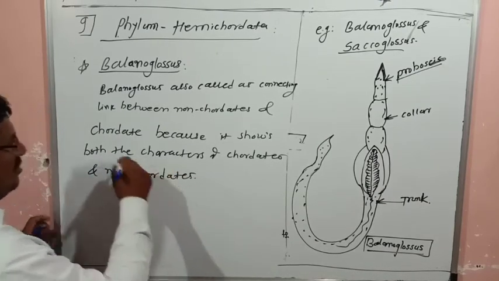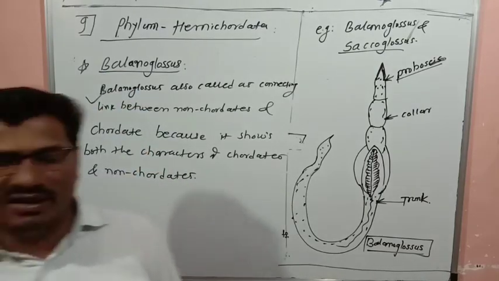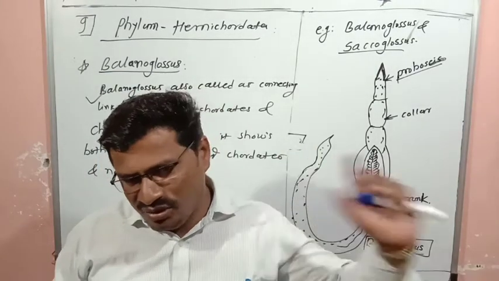So balanoglossus is considered the connecting link between chordates and non-chordates.